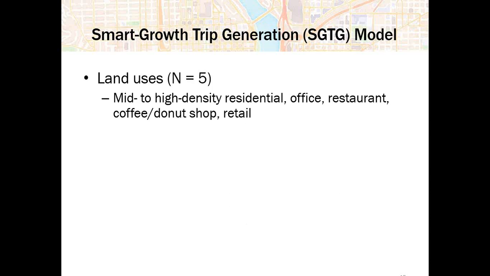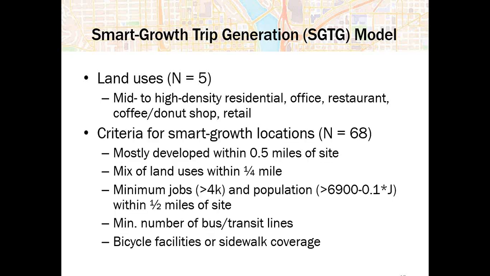Additionally, they added a couple of land uses. They were interested in also residential and office land uses. So they have 5 total, where the previous study was looking at 3. And then they defined a set of criteria for their sites. So in the previous study, the sites, when we're looking at the map that I showed you, were collected across the Portland area.